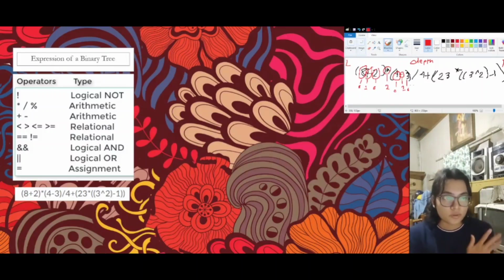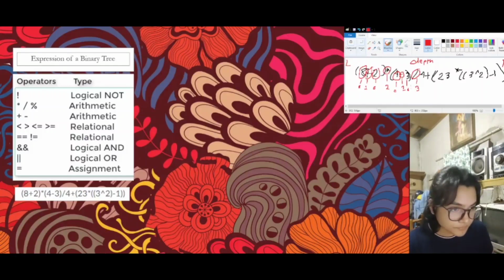After that, we're going to proceed to the division. Since this expression will be expanded, this parenthesis will be multiplied to this, and then it's going to be divided by 4. So this is actually going to be a depth level of 3.